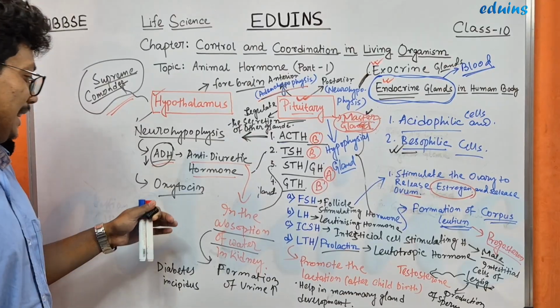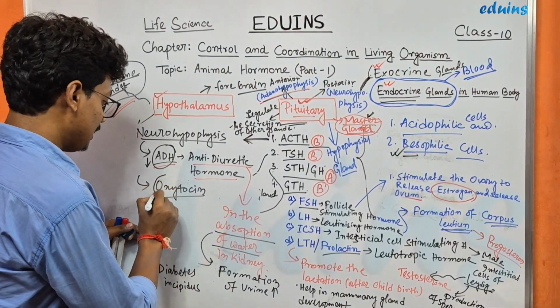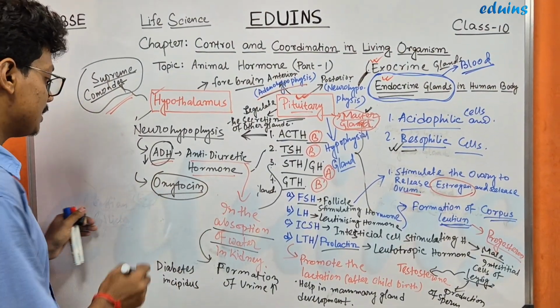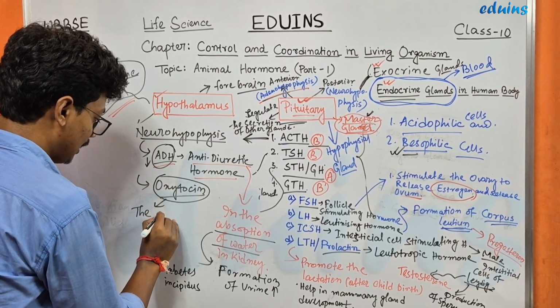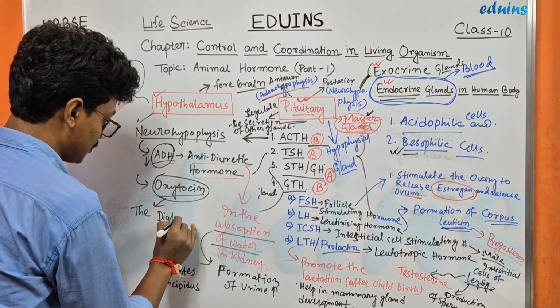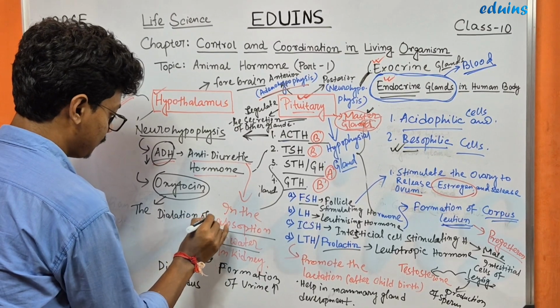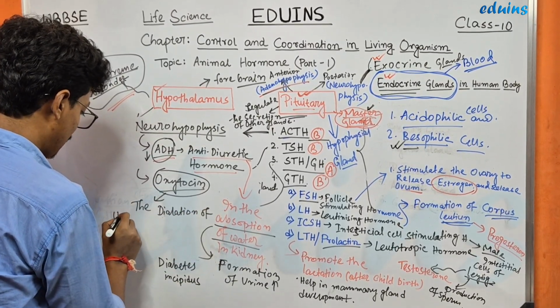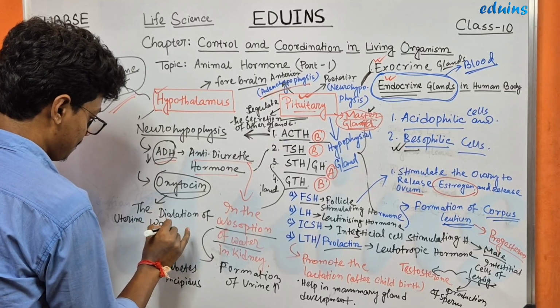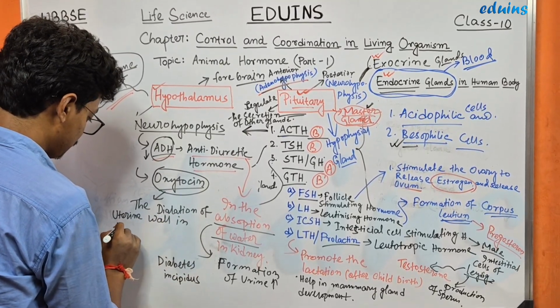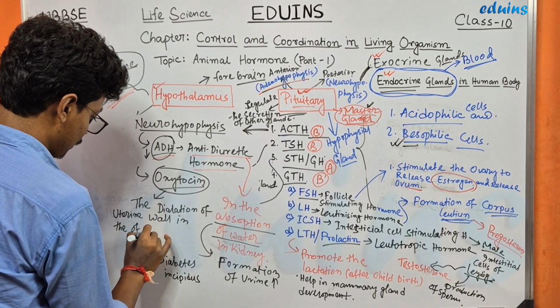Okay. And the next one, that is oxytocin, which is responsible for the dilation of the uterine wall at the time of childbirth.